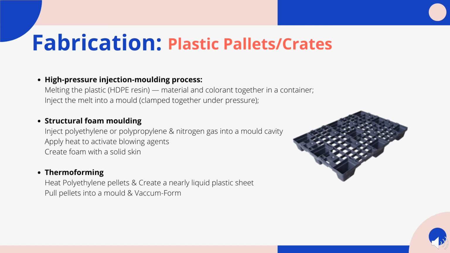Second method is structural foam molding, where polyethylene and polypropylene and nitrogen gas are injected into a mold cavity and heat is applied to activate blowing agents, so we create a foam with a solid skin. Third is the most popular one, thermoforming, where we heat the polyethylene pellets and create a nearly liquid plastic sheet, and then pull it into a mold and create a vacuum form.